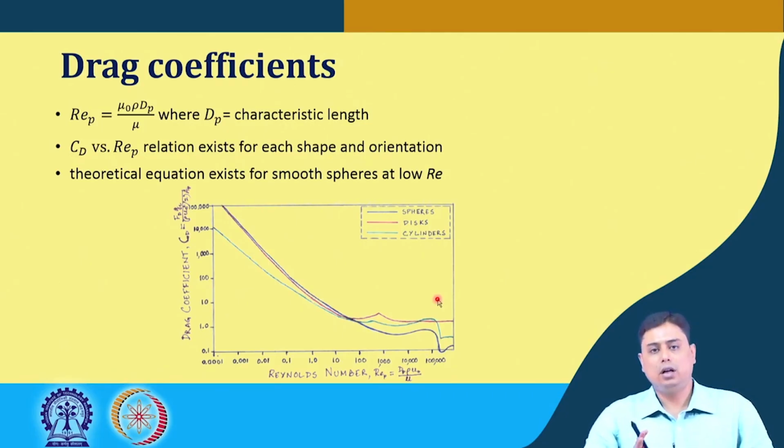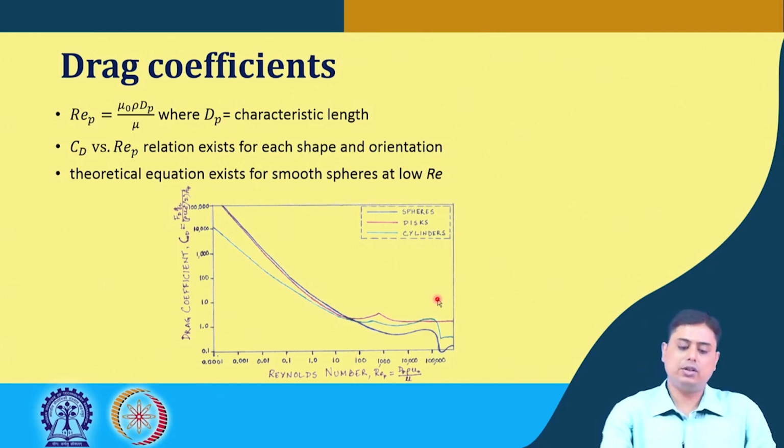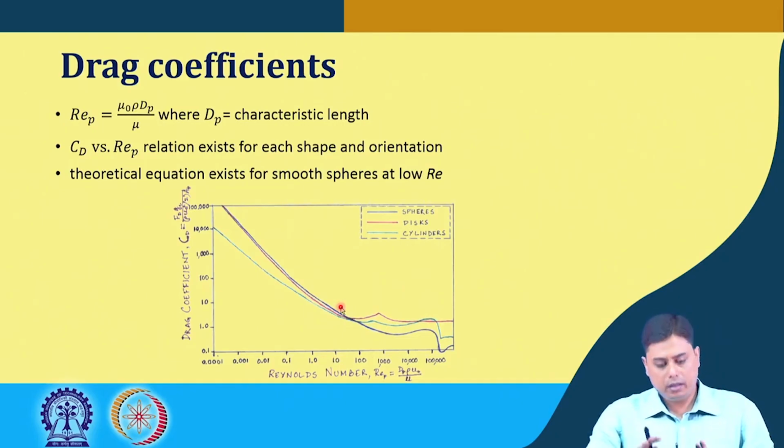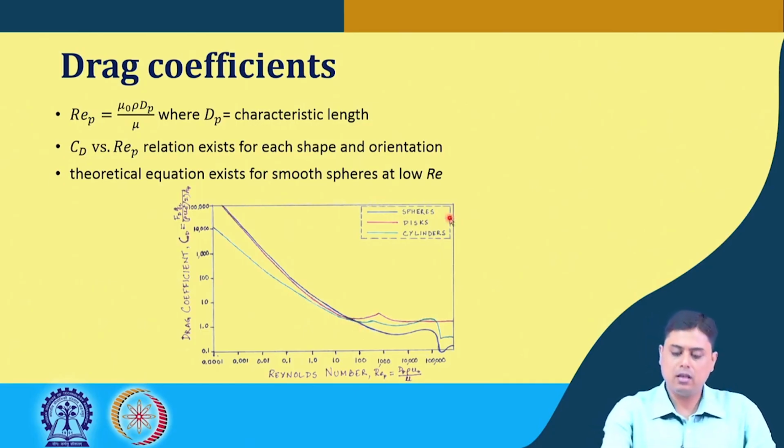If that does not apply for your case, then such graphs cannot be applied to extract the drag coefficient value for a particular particle Reynolds number. So this is a representative graph, or information, which changes with the particle orientation as well as the particle shape. The reason for coming back to this slide is that you can see that beyond particle Reynolds number 10, this is the complicated behavior of the drag coefficient versus the particle Reynolds number for these well defined cases.